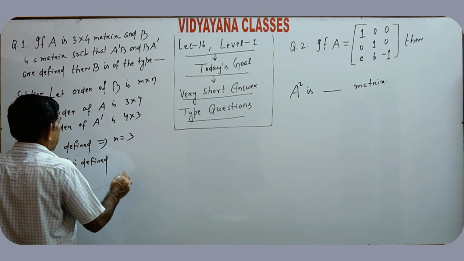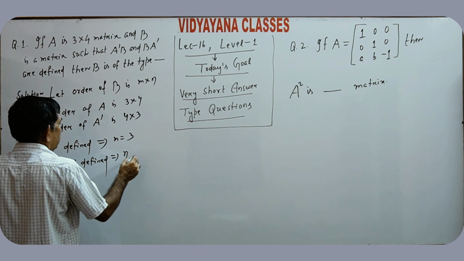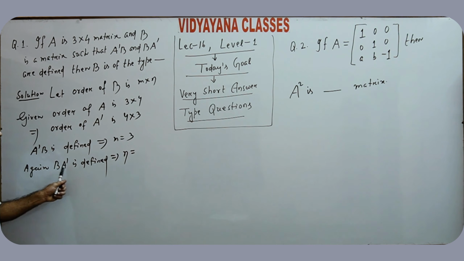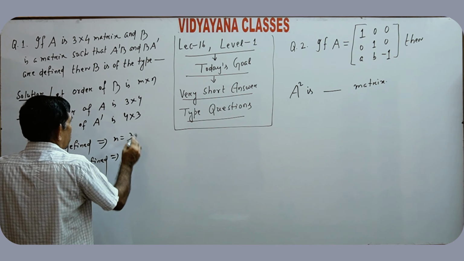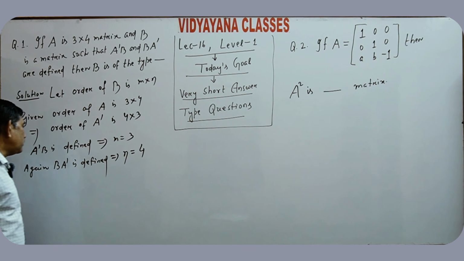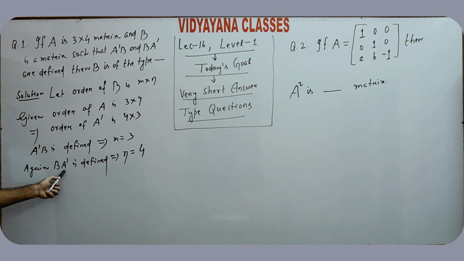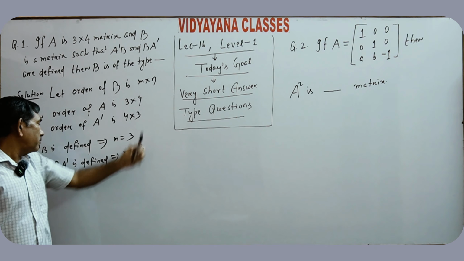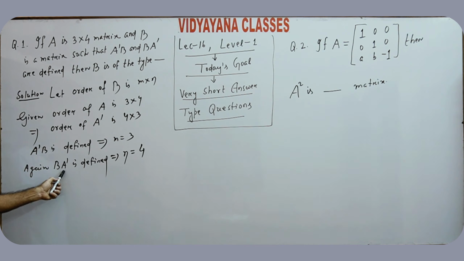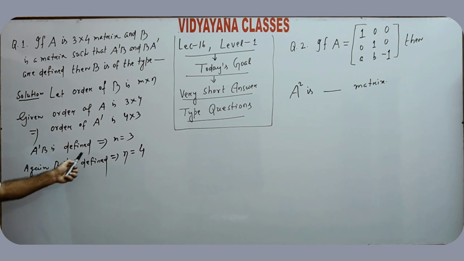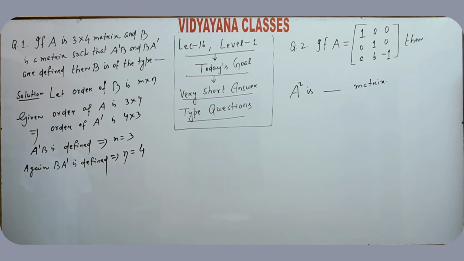Column of B, that is N, is equal to row of A transpose, that is 4, which implies N is equal to 4.